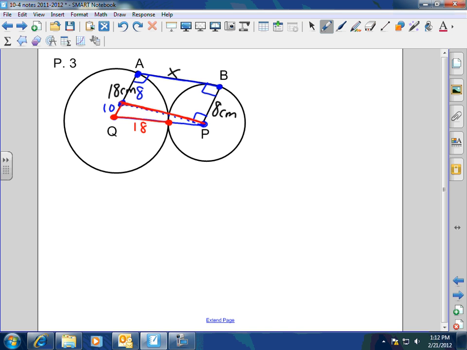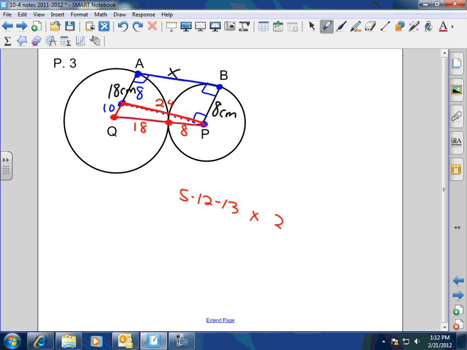From the tangent point to here, that's 8, right? So don't I now have a triangle that's like this? 10, 26. So wouldn't that be a 24? This is a 5, 12, 13 times 2.